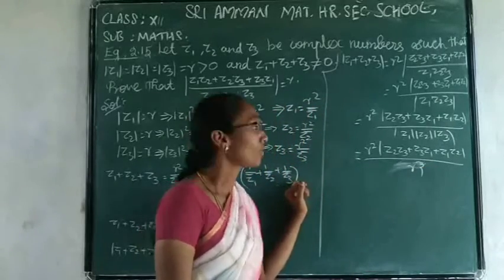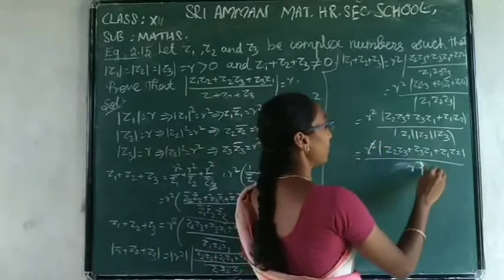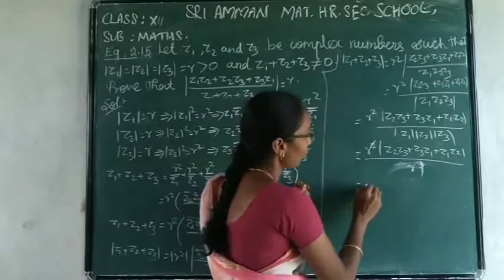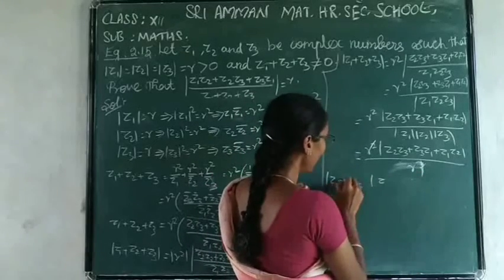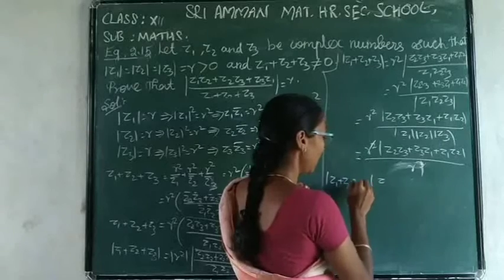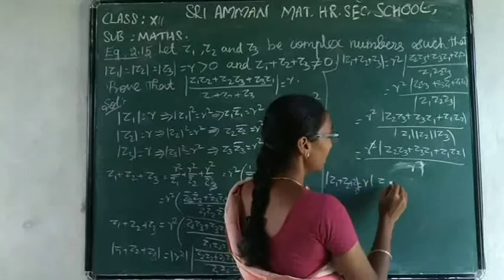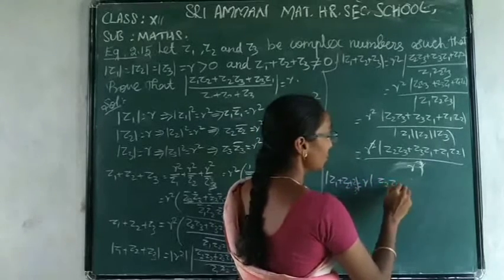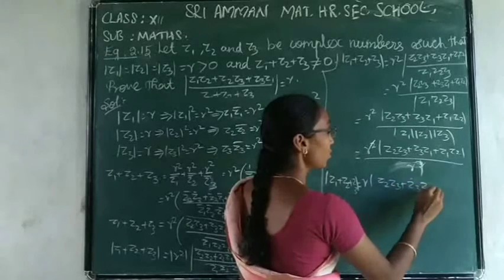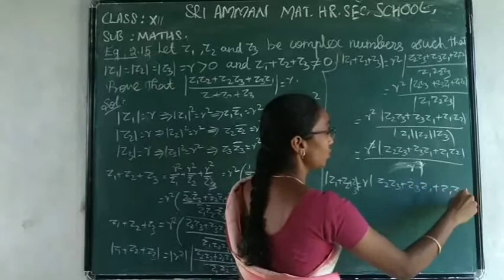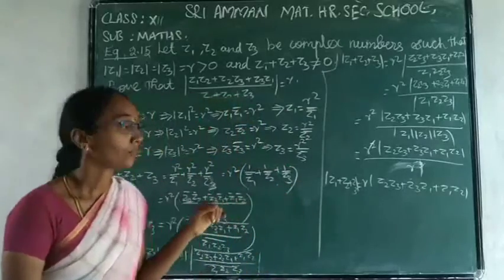So cancelling these two, we get R. So modulus of Z1 plus Z2 plus Z3 equal to R into modulus of Z2 Z3 plus Z3 Z1 plus Z1 Z2.